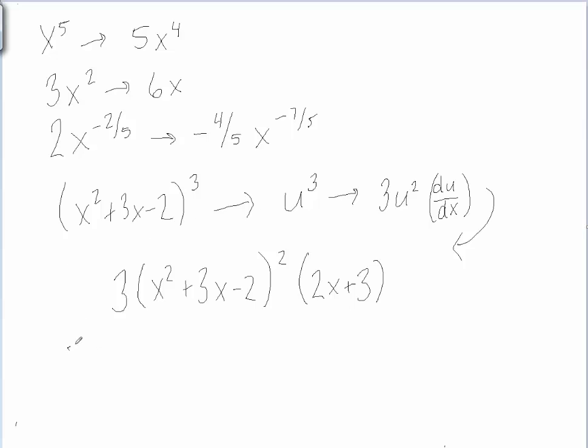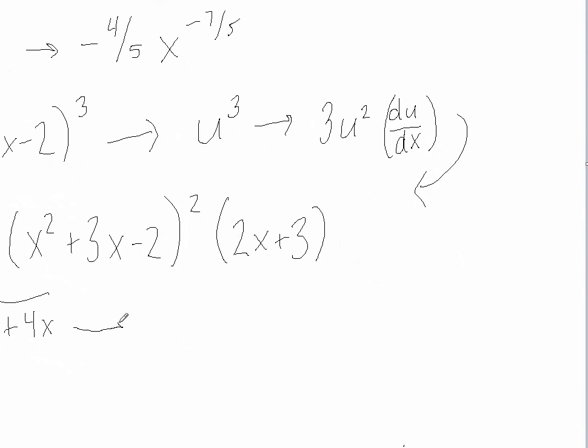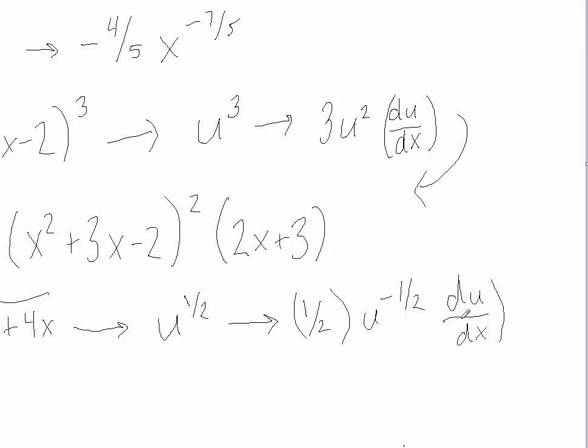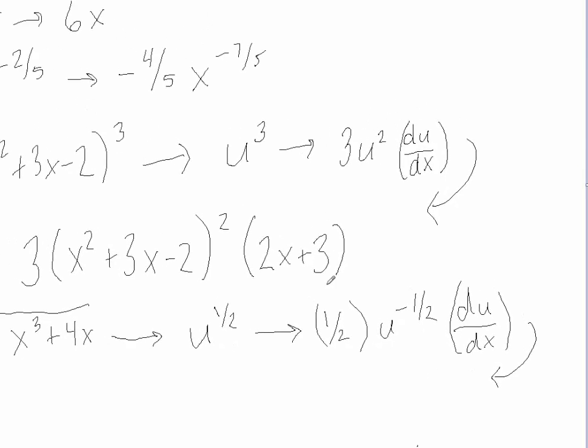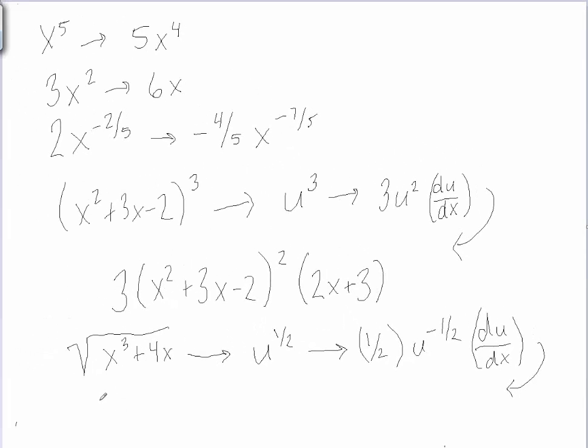For example, so we've got square root of x cubed plus 4x. So that's something to the 1/2. Its derivative is going to be 1/2 times u to the negative 1/2, and then the derivative of u. Or we'll take x cubed plus 4x to the 1/2.